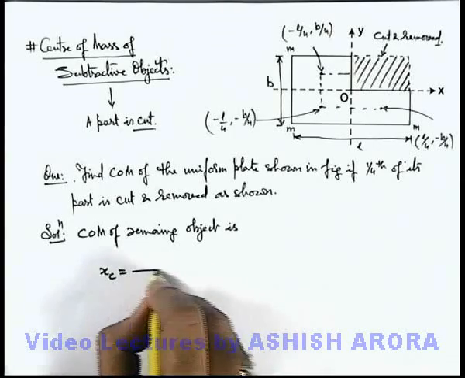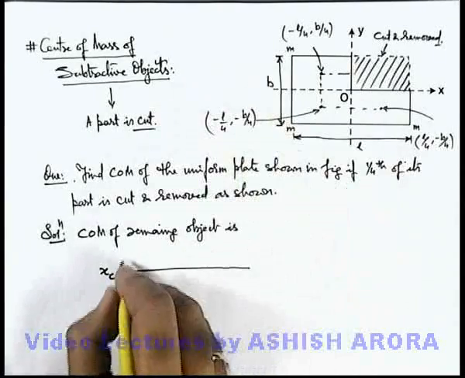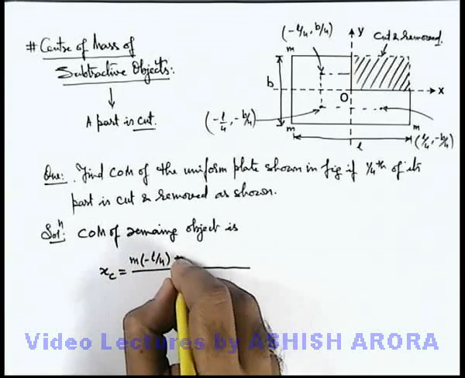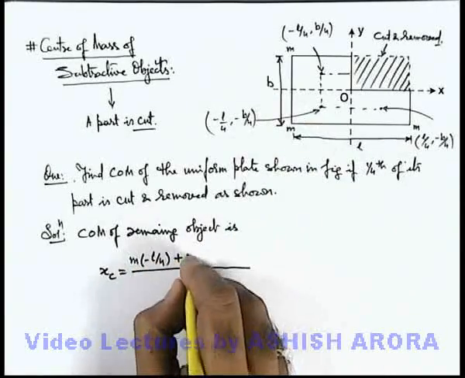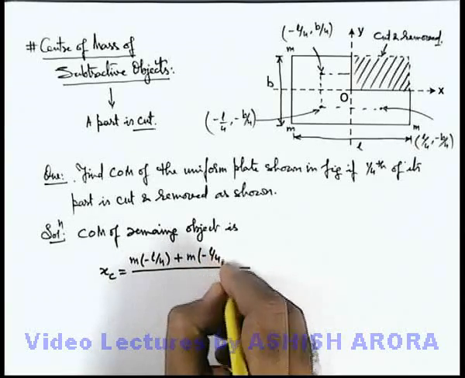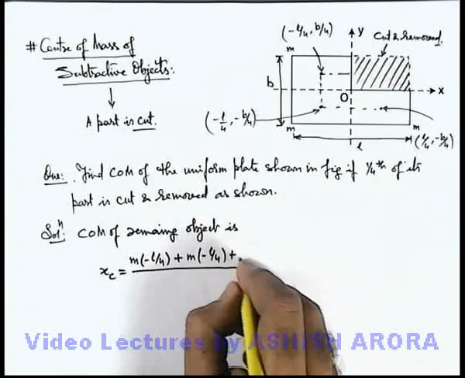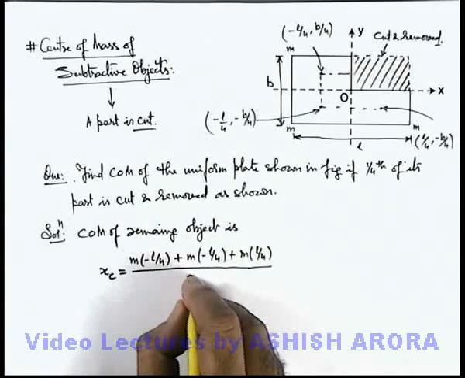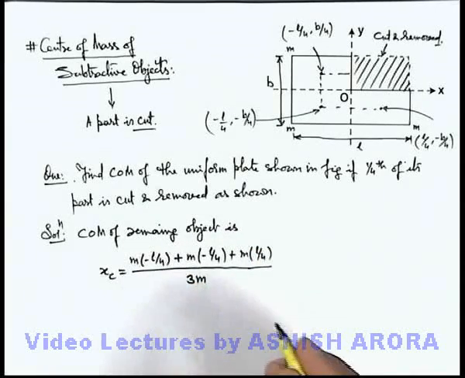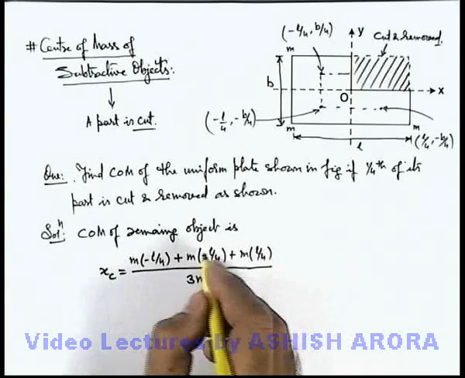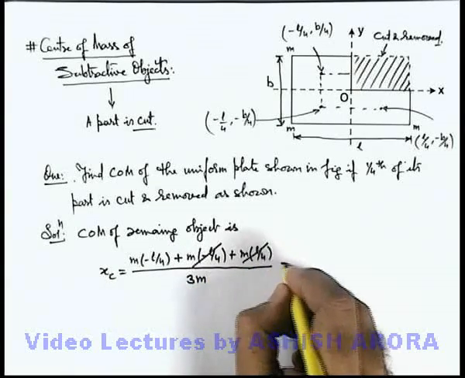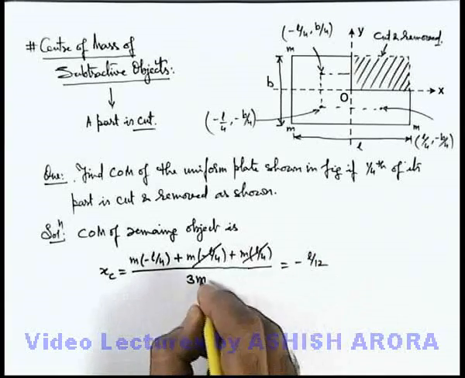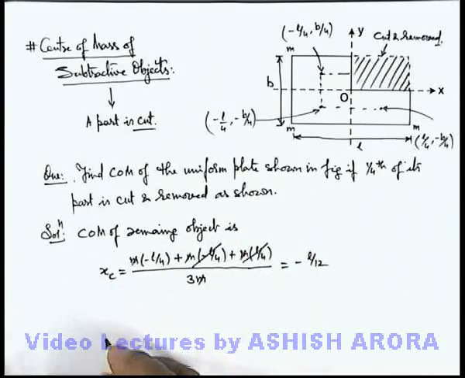So here we can write in numerator for this mass it is m into minus L by 4 plus for this also m into minus L by 4 plus for this section it will be m into L by 4 divided by, we are given with 3 masses is 3m. So here if we simplify it, these two gets cancelled out and the result we are getting is minus L by 12. Here masses also cancel.